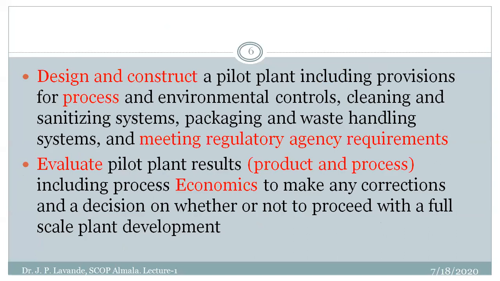And pilot plant is nothing but the replica, the model of the actual plant. So the pilot plant should provide all the provisions for the processes and the environmental controls, like say the cleaning, sanitizing system, packaging, waste handling system.